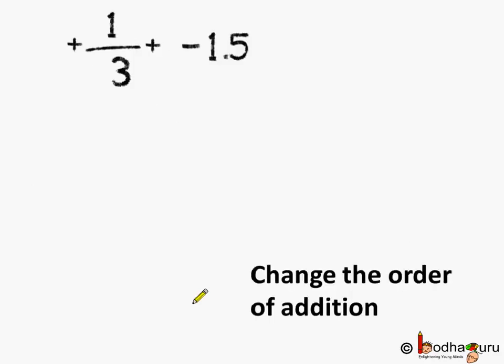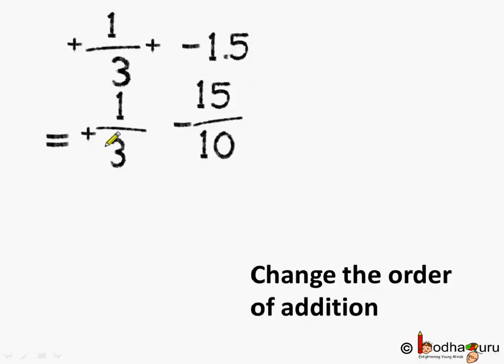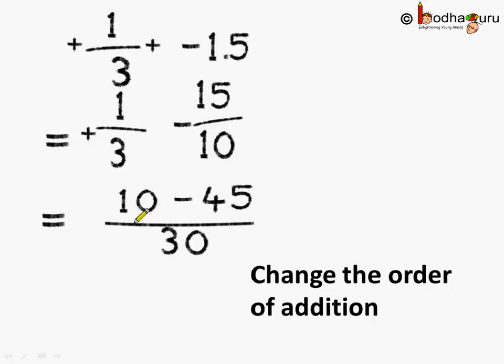Now let's change the order of addition. So we add first 1 by 3, then we need to add to it minus 1.5. This becomes plus 1 by 3 and plus minus becomes minus, and 1.5 can be written as 15 by 10. Now taking LCM again, 30, and here 10, here 15 multiplied by 3 which becomes 45 with the sign of minus, so minus 45.